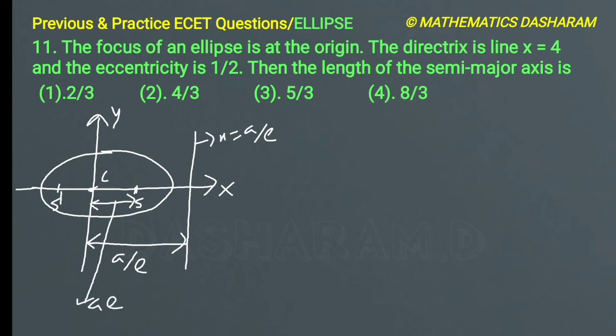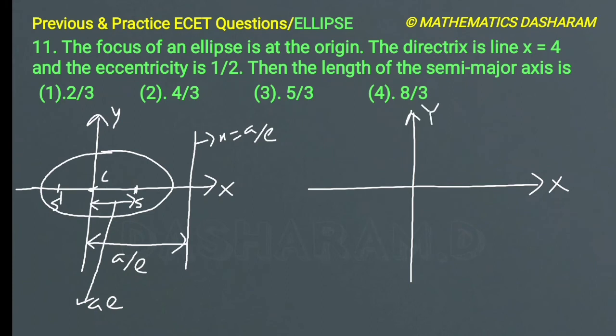But as per the question, the focus of the ellipse is at the origin. In this diagram, the origin is the middle point of S dash. But as per the question, what happened? So here x-axis, y-axis, the focus of the ellipse.